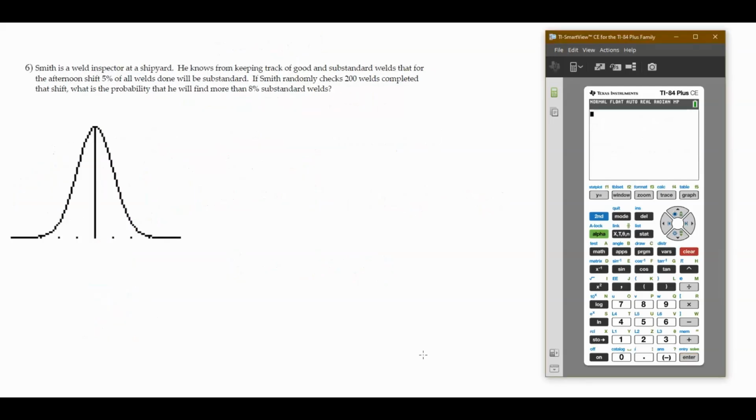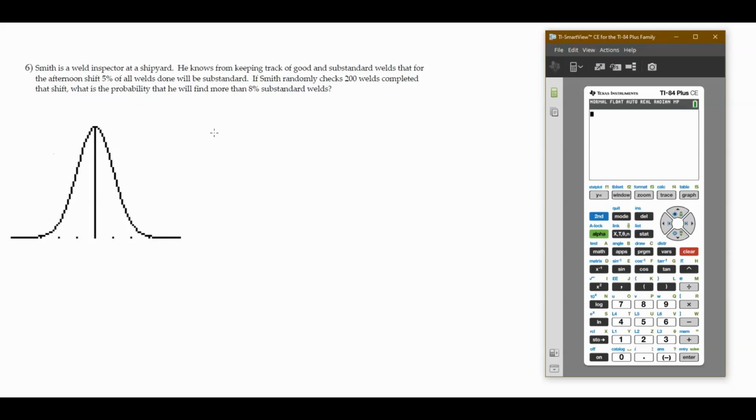Number 6. Smith is a weld inspector at a shipyard. He knows from keeping track of good and substandard welds that for the afternoon shift, 5% of all welds done will be substandard. If Smith randomly checks 200 welds completed that shift, what's the probability he will find more than 8% substandard welds?